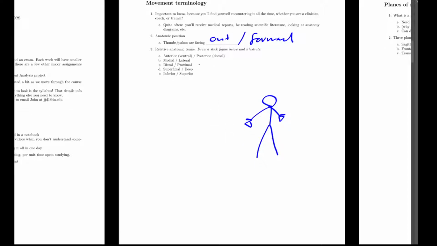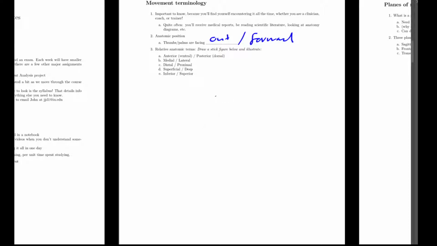And then down here, we went through those different terminologies for the different relational positions of the body. So we talked about anterior versus posterior, medial and lateral, distal, proximal, superficial, deep, inferior, and superior. So it might be to your benefit, and what I recommend you do, as I have here, is draw a stick figure down below and make yourself some illustrations.